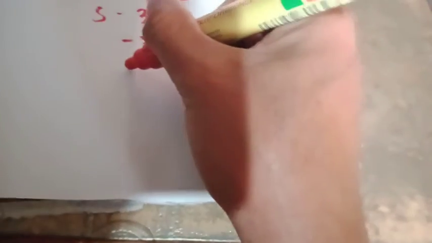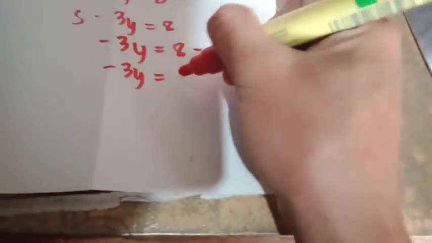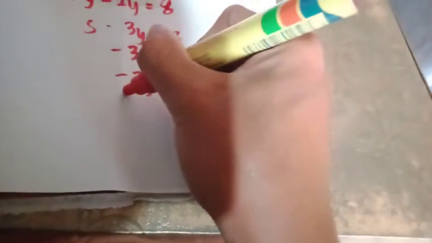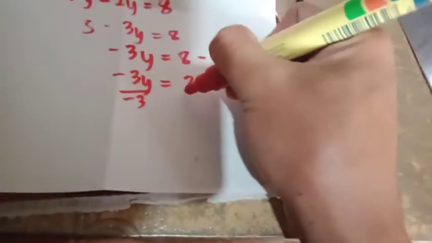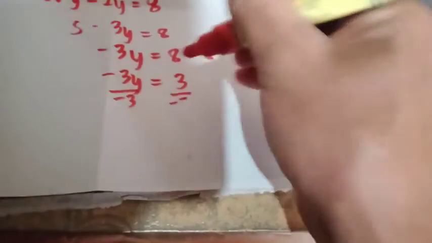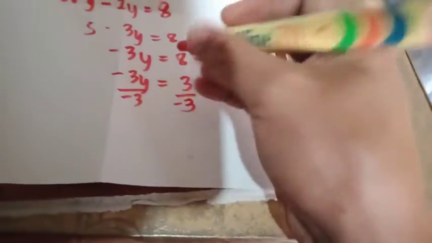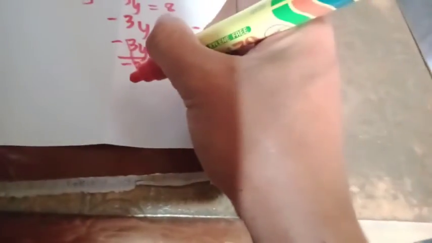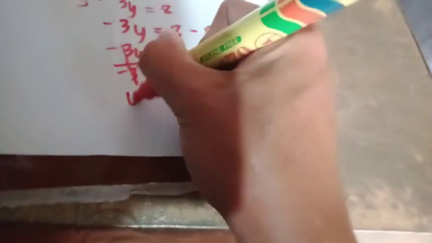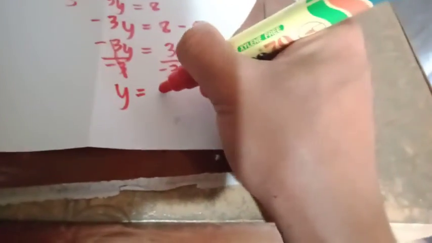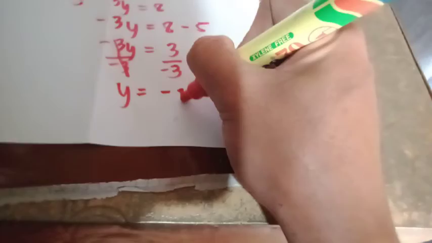So we have negative 3y equals 3, and we divide both sides by negative 3 and cancel. So our y is negative 1.